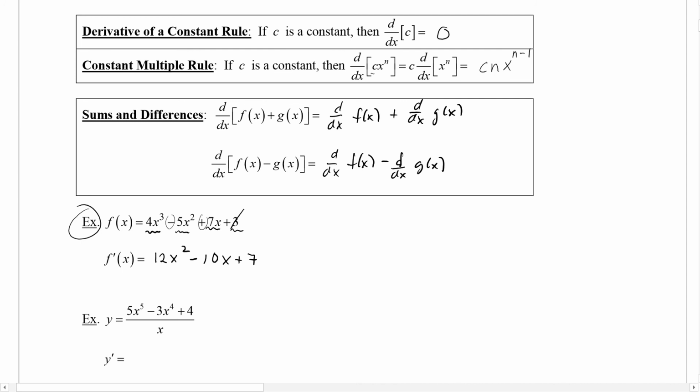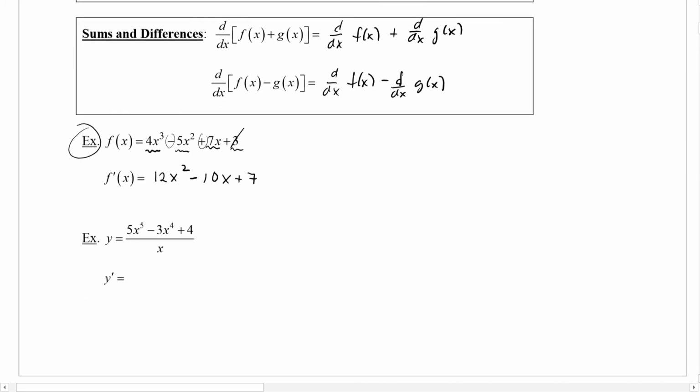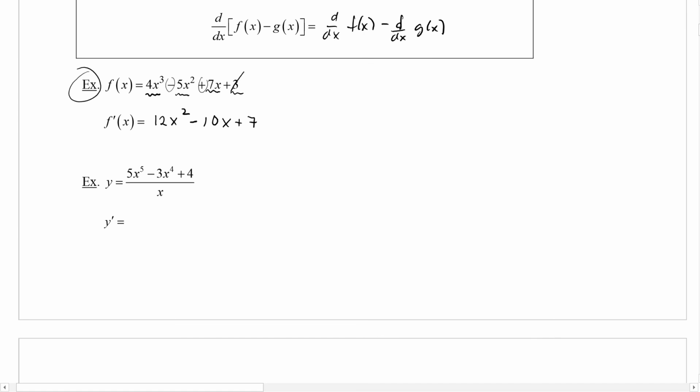One more example before I end this video and go to the next part. Here I have a rational function. I have a function on the top over a function on the bottom, but the function on the bottom is a simple x. I can rewrite that as 5x to the 5th over x minus 3x to the 4th over x plus 4 over x.